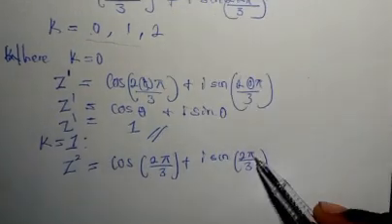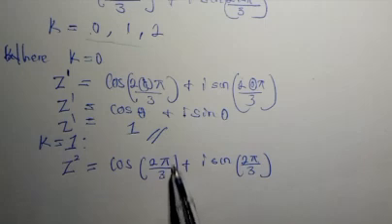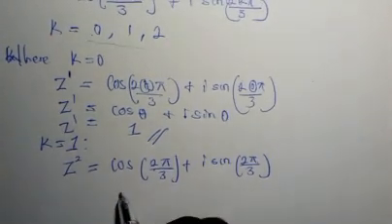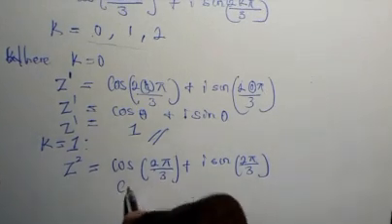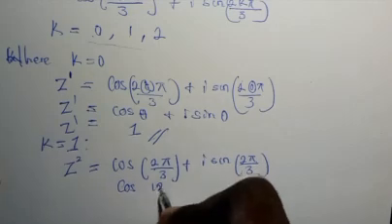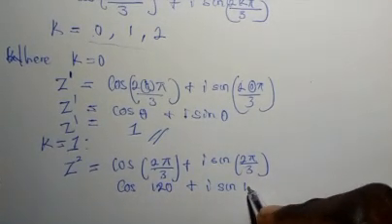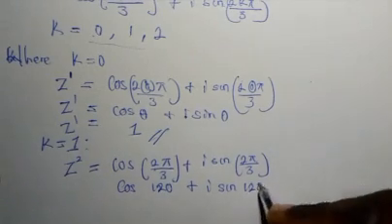And don't forget, pi is the same thing as 180 degrees. Therefore, this is equal to 120 degrees. So we just say that cos 120 plus iota sine 120.